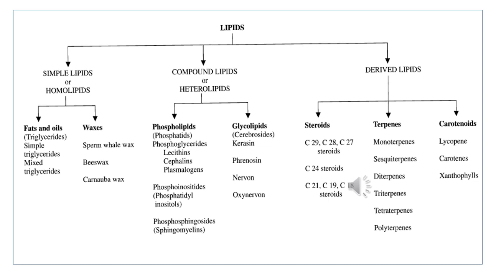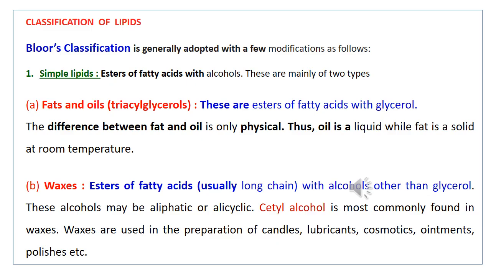The derived lipids are subclassified as steroids, terpenes, and carotenoids. The Bloor classification of lipids is generally adopted with a few modifications as follows.